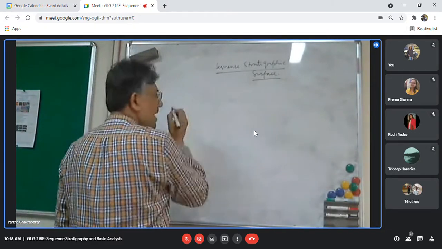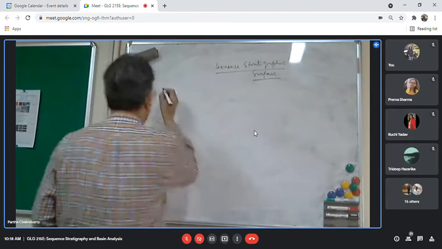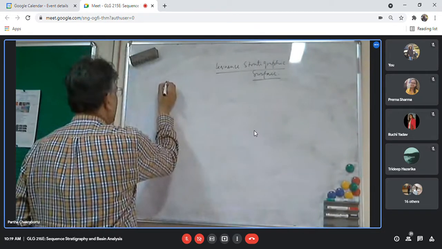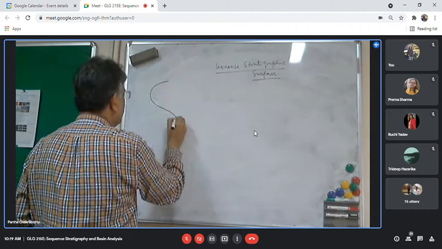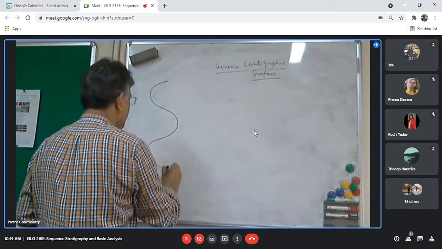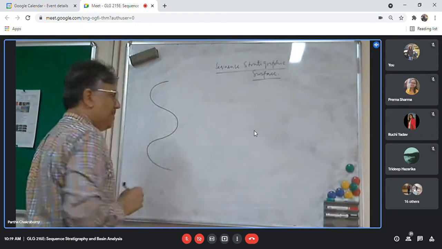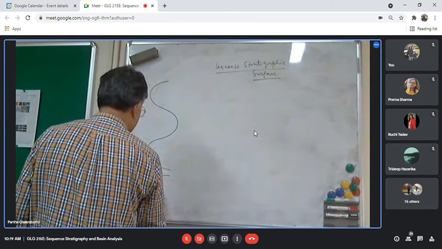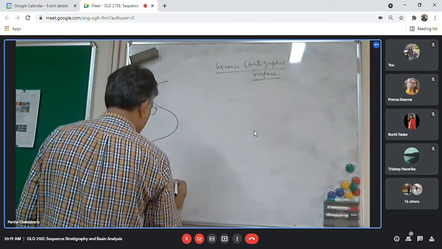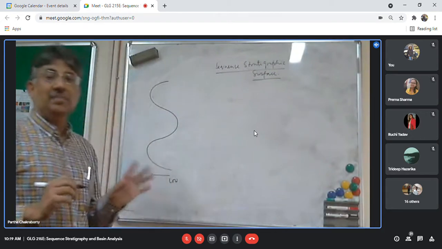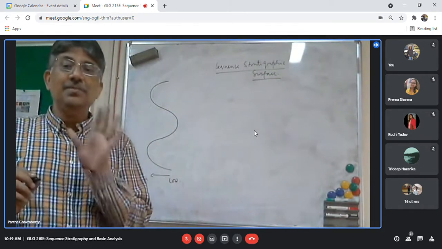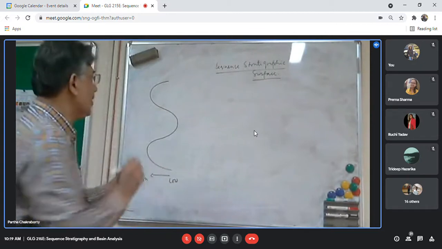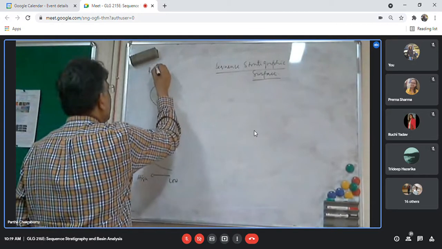So first, I draw a very general curve. So this is high, this is low. I am saying it is a relative sea level curve.